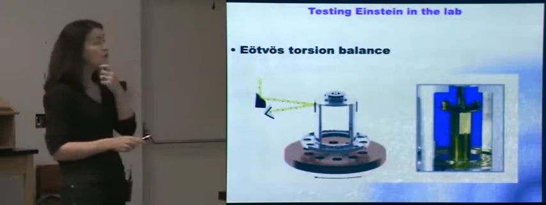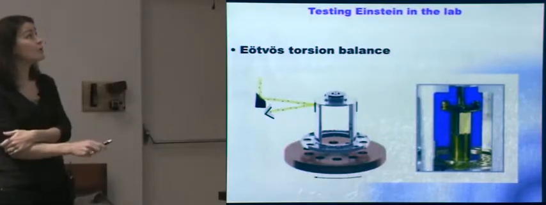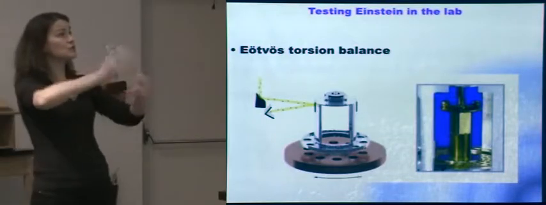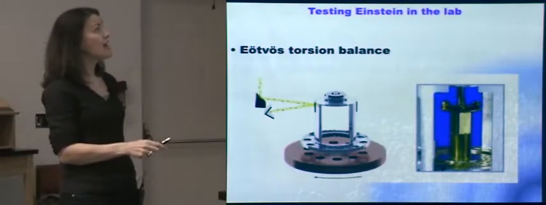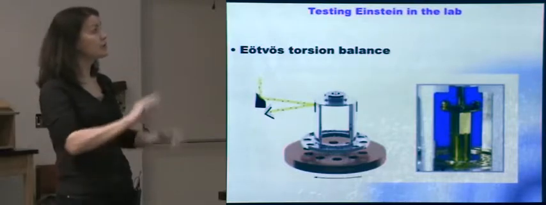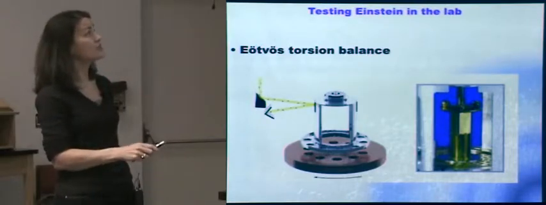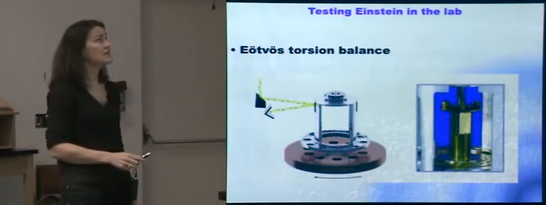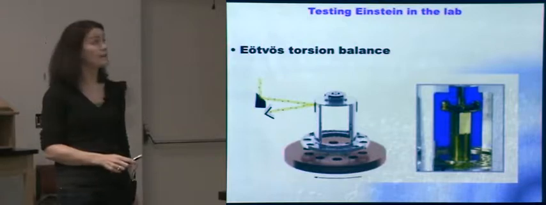There's a group at the University of Washington doing these torsion balance experiments. Basically you have two rings which are rotating past one another, and they're measuring the torsion, the turning effect of gravity due to these two plates in close proximity to one another, and you can measure the deviation of gravity and compare it.